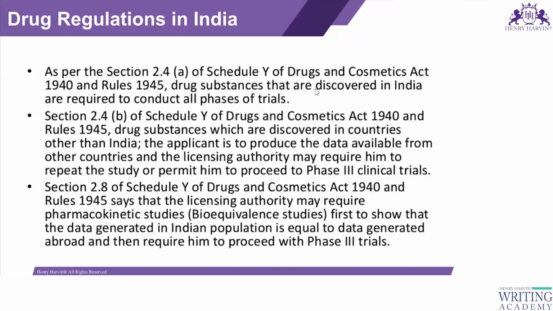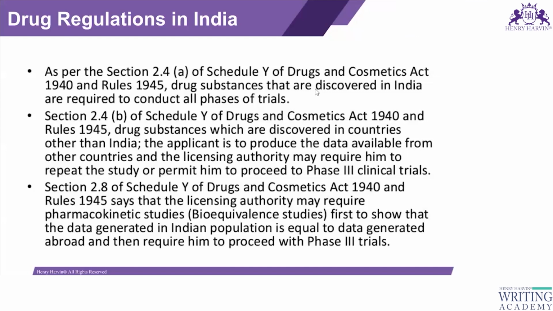Then section 2.4b of Schedule Y: for drug substances which are discovered in countries other than India, the applicant is to produce the data available from other countries, and the licensing authority may require him to repeat the study or permit him to proceed to phase 3 clinical trials.